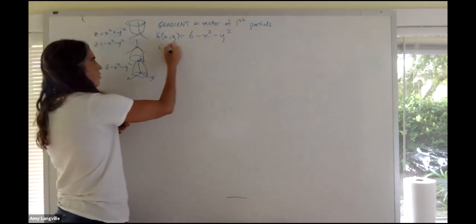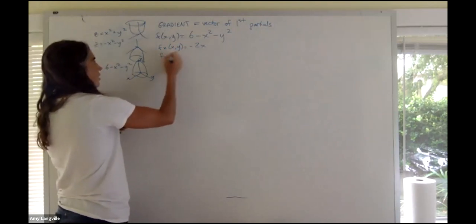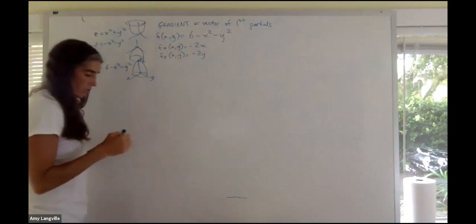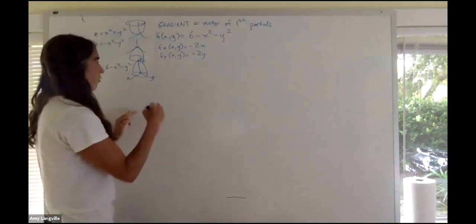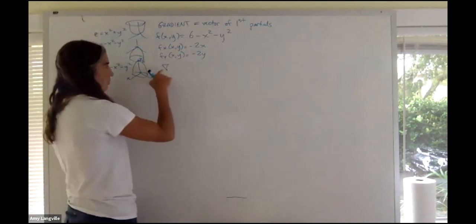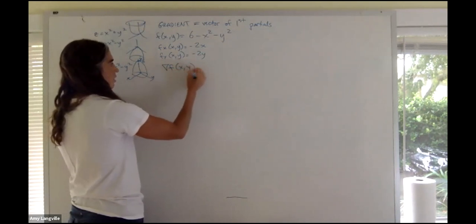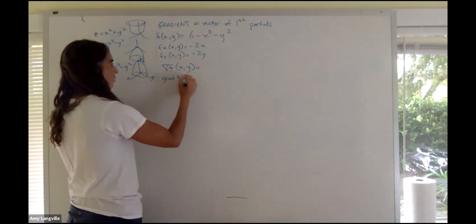So I need to get my partials. Really easy function to do that for. Start off easy. Okay, so I got both first partials. I'm going to put those together in a vector, and here's the notation for a gradient. This upside down triangle, F, or you also see it written grad of F of x, y.